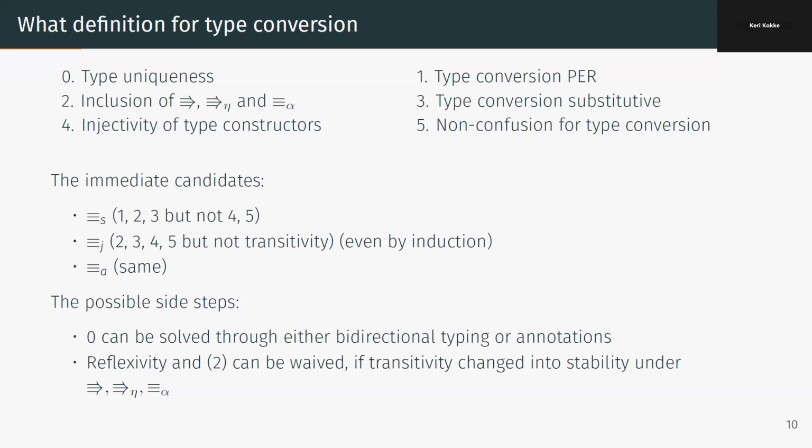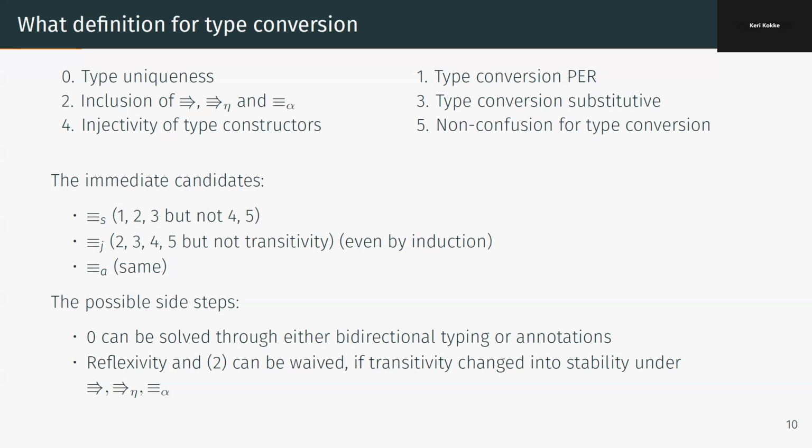The joinability, so the one I was defining, has more requirements, so 2, 3, 4, and 5. But again, the issue is transitivity. We were trying to prove it, and we can't use it since we're trying to prove it. Even if we try to do it by induction, it's again not structural, so this just doesn't work. And the algorithm is even worse than the joinability because we're even further from proving transitivity.